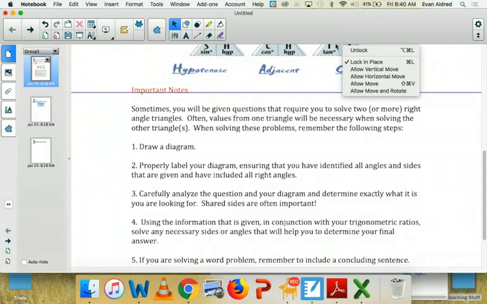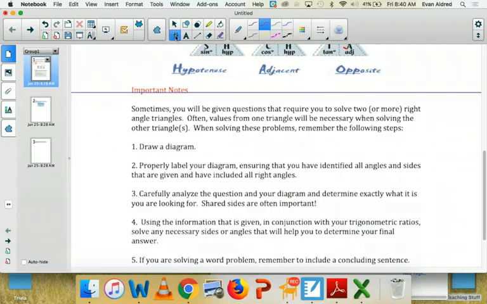Step 2, properly label your diagram, ensuring that you've identified all angles and sides and identified the right angle as well. You want everything in the right place, and that makes sense because if you're labeling things incorrectly, no matter how nice your triangles were, then all the math you do afterwards won't apply if everything is improperly labeled.